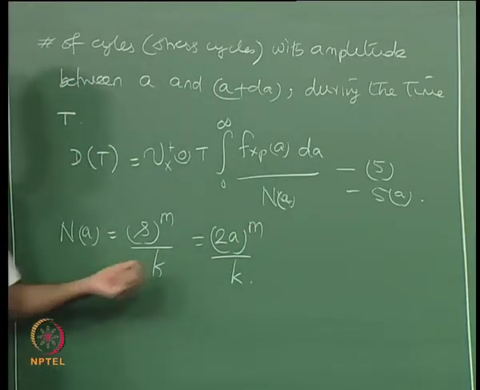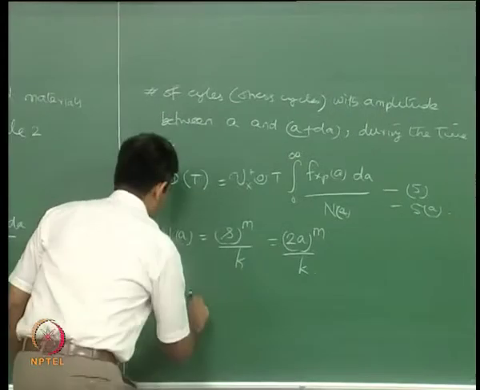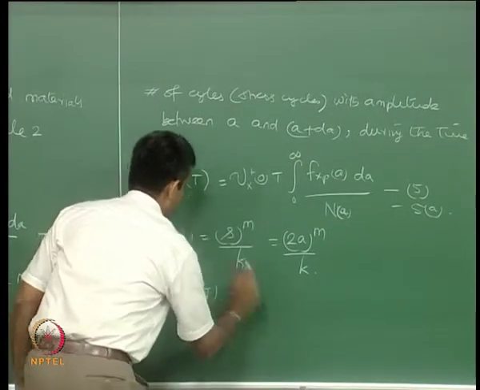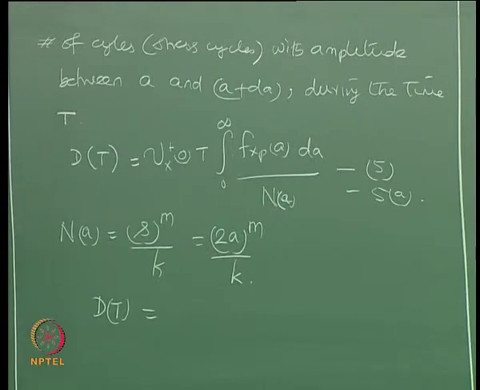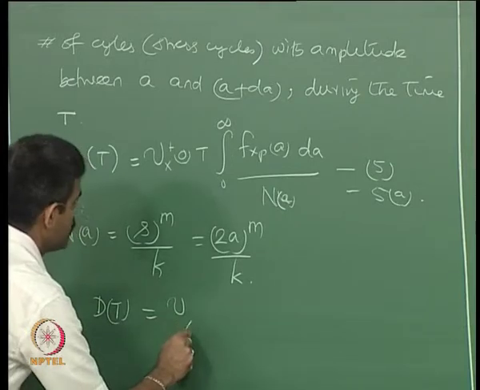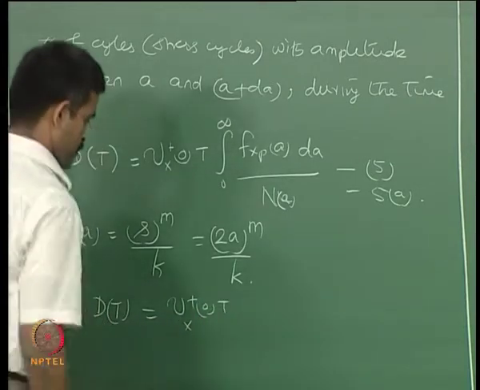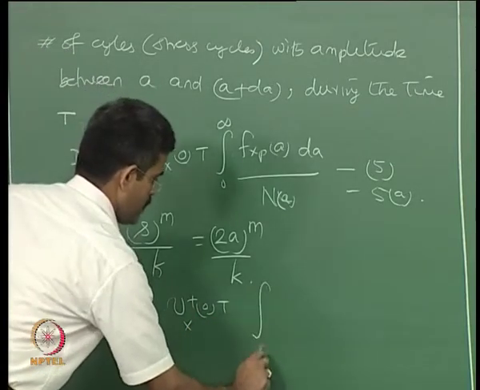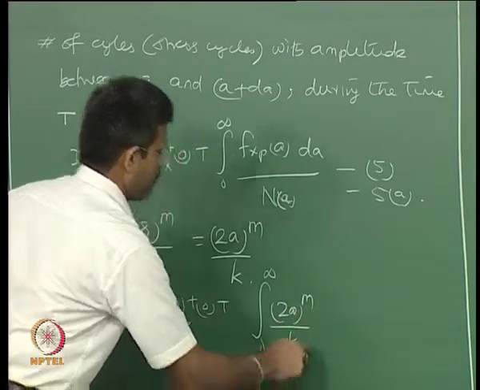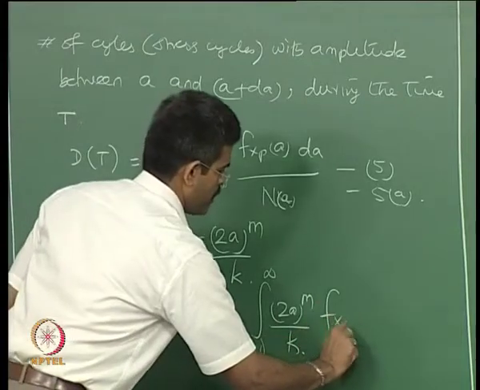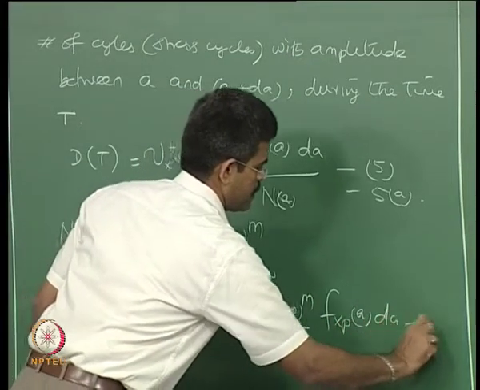Substituting for N_A in equation 5, I get D of t as v_x plus 0 t, integral 0 to infinity (2A)^m by K f_xp(A) dA.